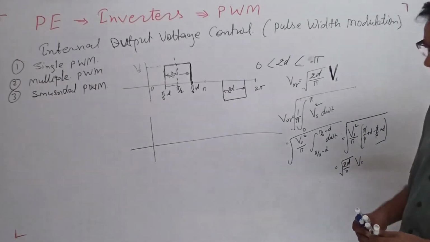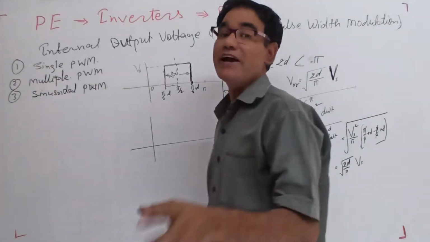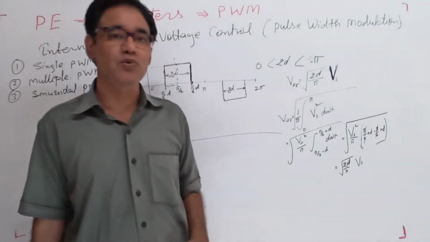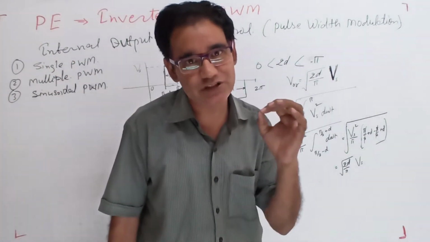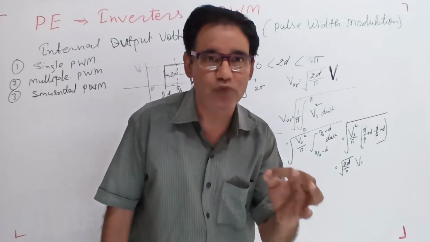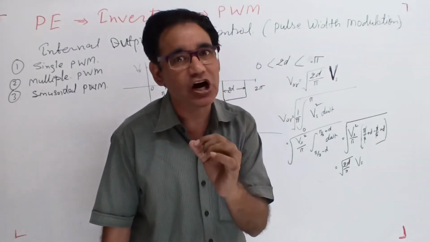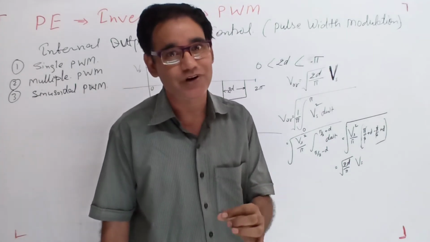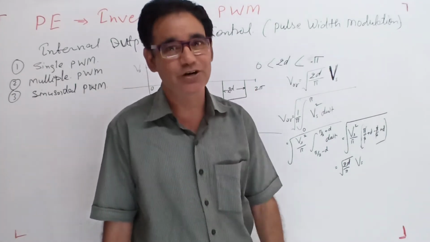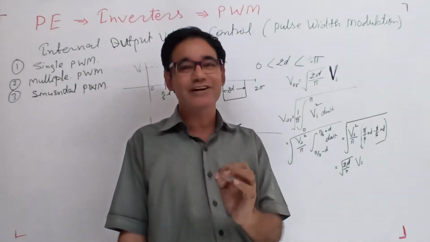This is the way we can find out the RMS value of the output voltage. This is a very simple way to find out the RMS value of the AC output, not DC output. You know the inverter gives AC, not DC.